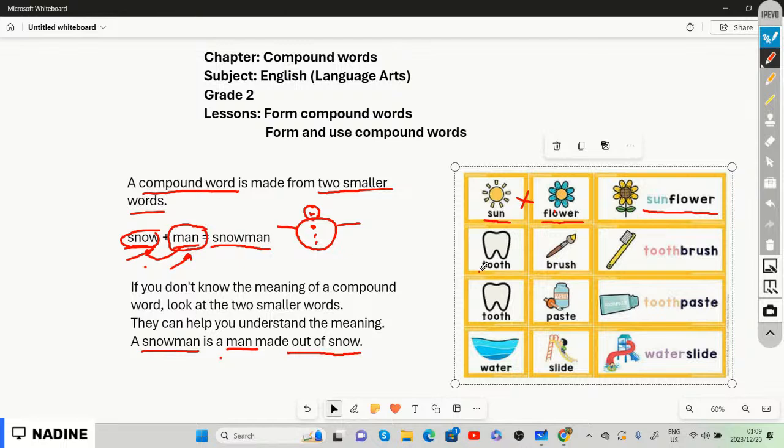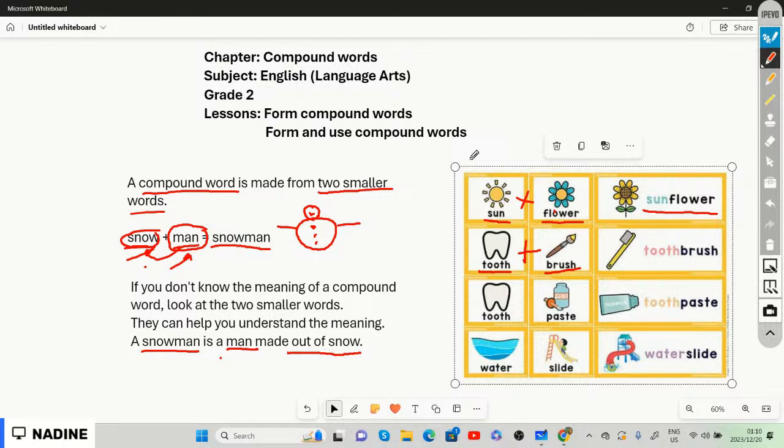Then we have tooth, one of the teeth that is in our mouths, plus brush, which can be any brush, usually something that you use to comb your hair or to paint.